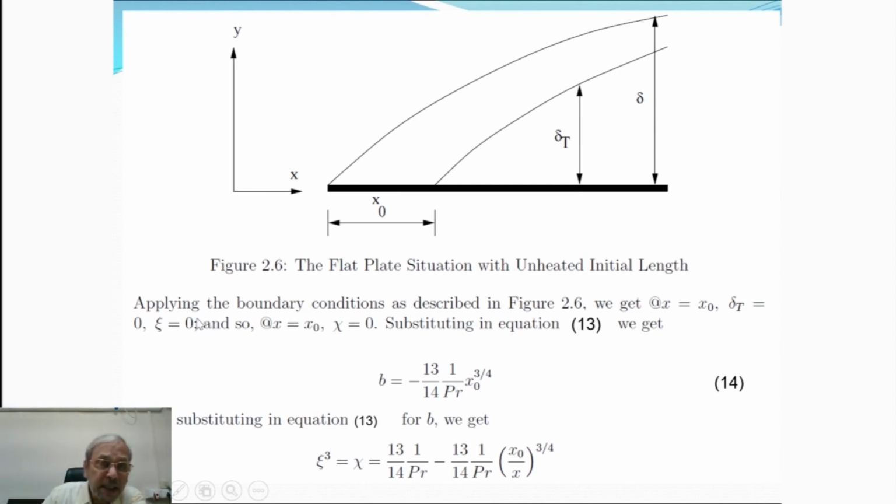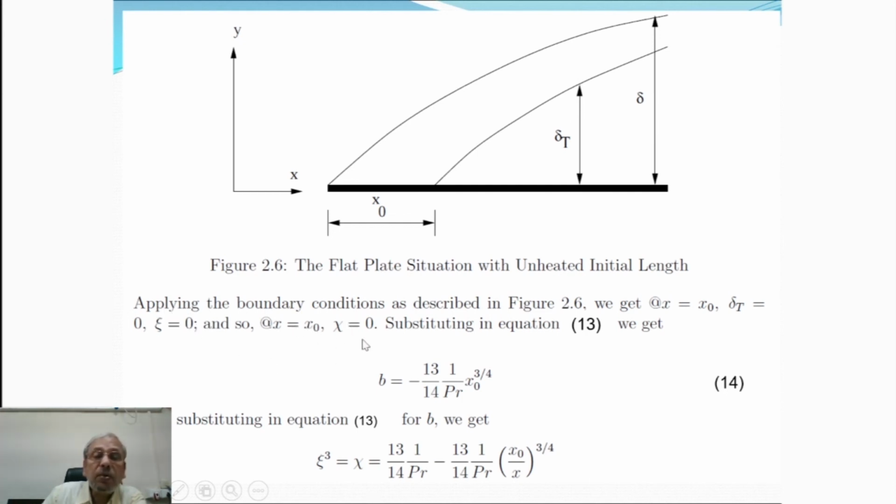And basically zeta equal to 0, because zeta is delta t by delta. So at x equal to x naught, delta t is 0. It starts from here. That means zeta is 0. So if zeta is 0, chi is also 0.